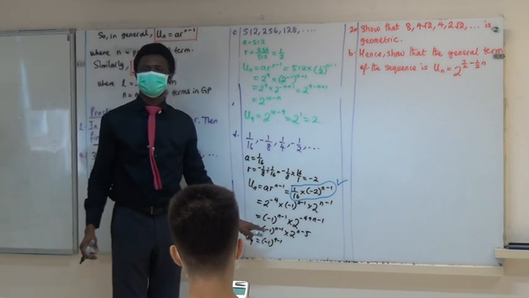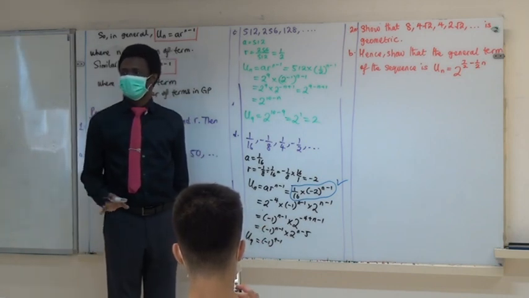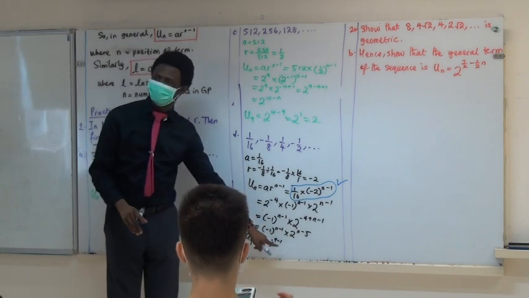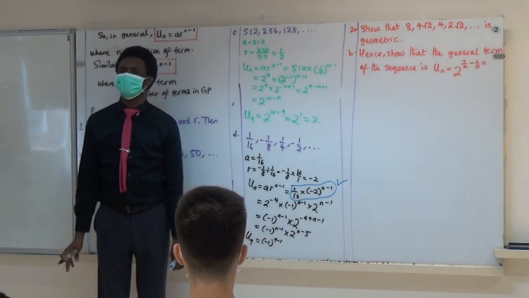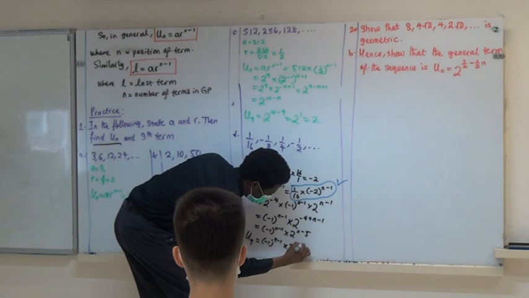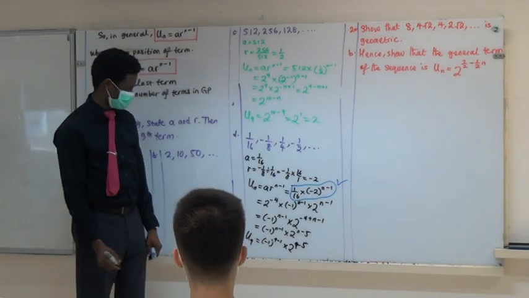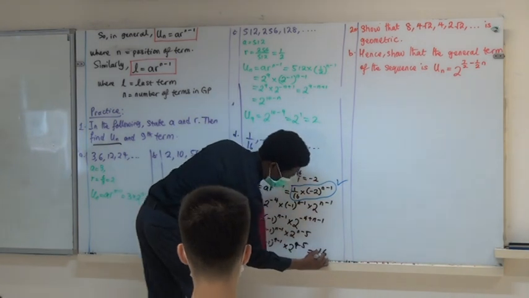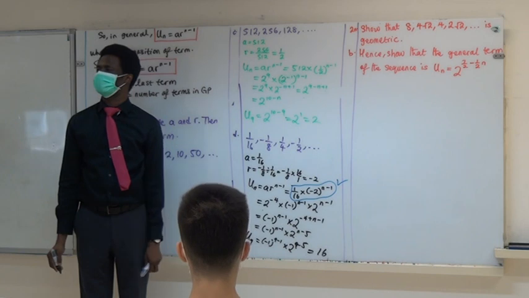This negative 1 is just to tell you plus or minus basically. If the power is even, like 9 minus 1 is 8, which is an even number, then it means the term is positive. Then you have 2 to the power 9 minus 5, and that's 2 to the power 4, which is 16. So that is just positive 16, because negative 1 to the power 8 is plus.